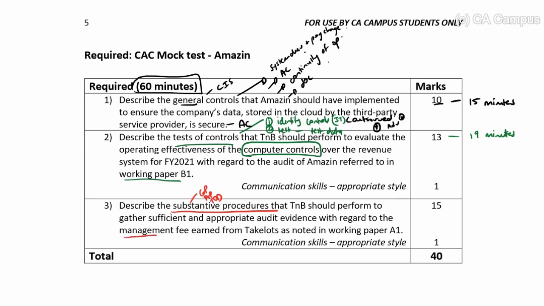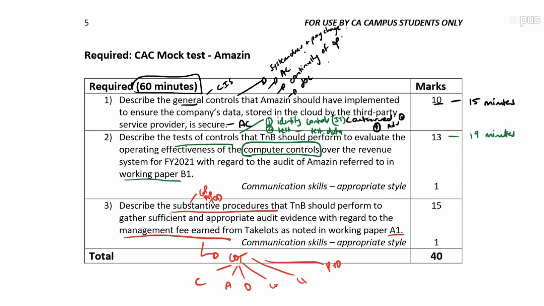So it's management fee income as discussed in working paper A1. I know that a management fee income is transaction, so I've got to look at my class of transaction assertions, completeness, accuracy, occurrence, cutoff, classification, presentation and disclosure, along with the general procedures, analytical and test of detail.